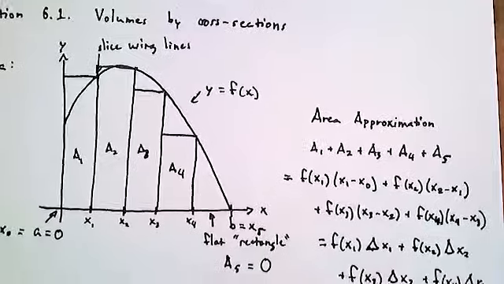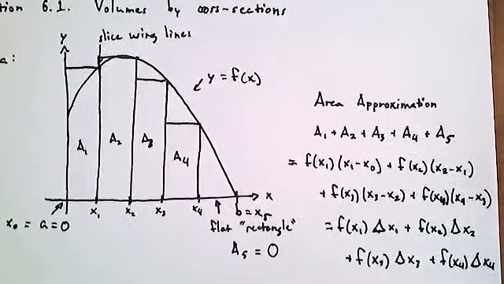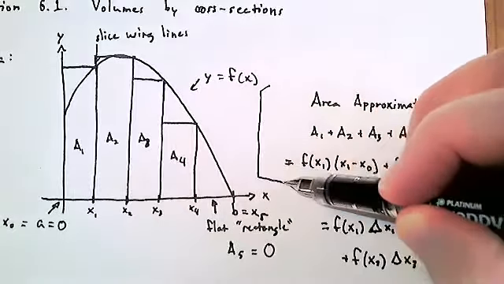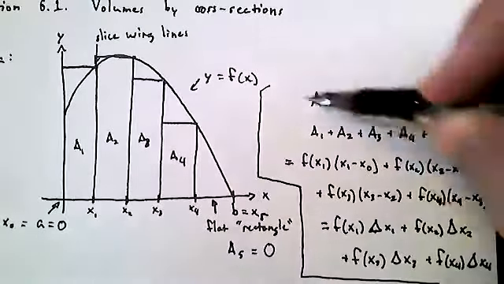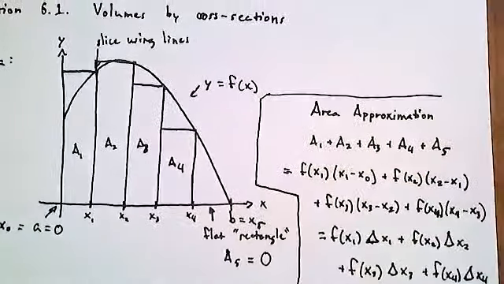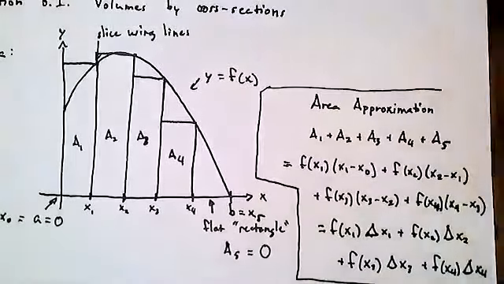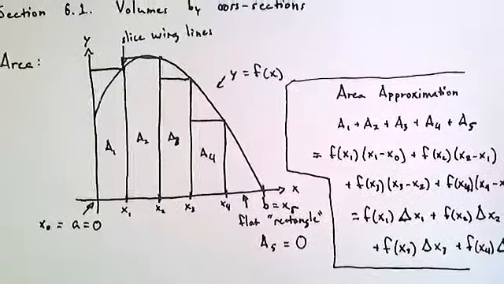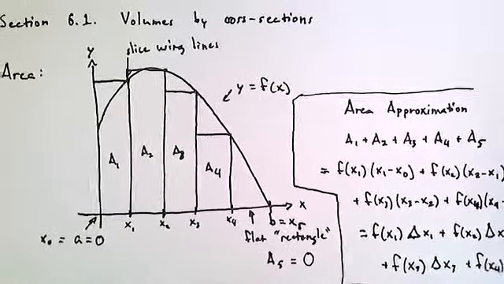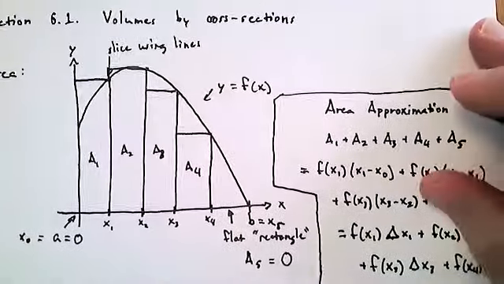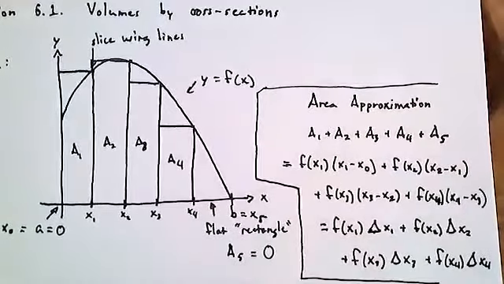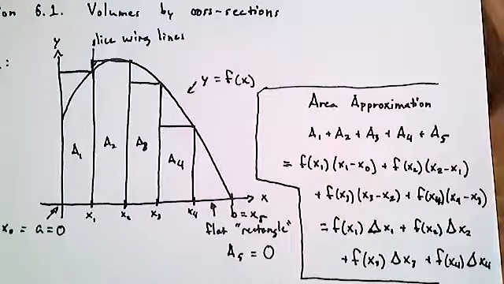Oops. Maybe separate that a little bit with a box. Okay, so this whole process of approximating, see if we can get things lined up. This process of approximating areas is something that you probably worked on pretty hard when you took Calculus 1.